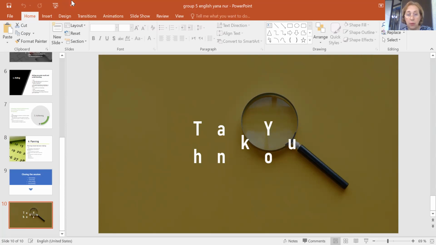Okay, so the overall impression is good. I agree that the design is stylish. The slides have different pictures and designs, and it's not boring to follow the speakers.